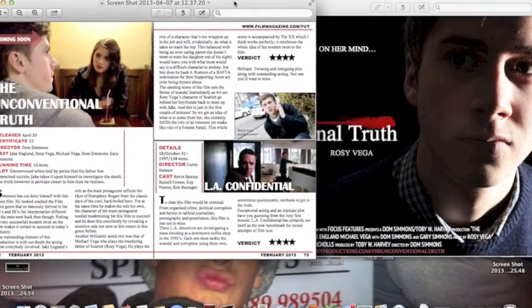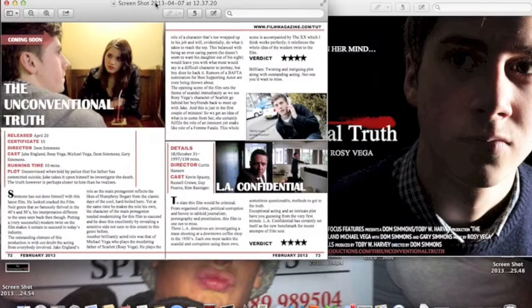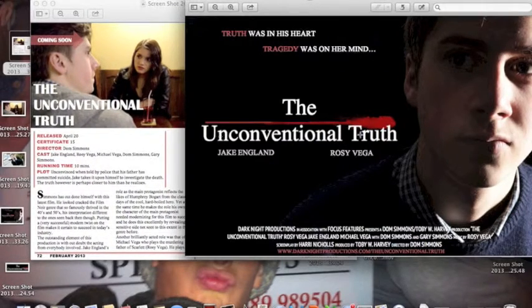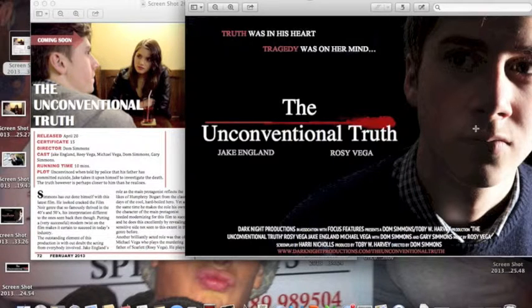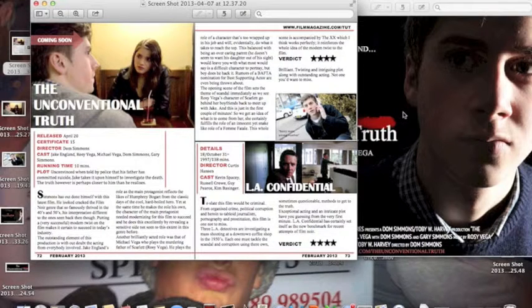I could have used, let's move that over a bit, I could have used, because I've used the Times New Roman there, I could have used that there for the headline of the review, but I thought it's a magazine, so it's going to have its own sort of thing. So I have tried to link them as much as possible, but I thought a magazine and a poster, they're two separate industries, because an actual film wouldn't have anything to do with what sort of reviews people write about them.